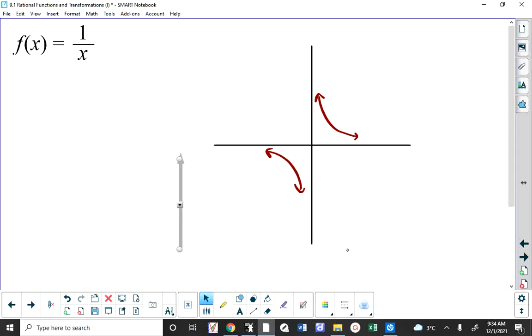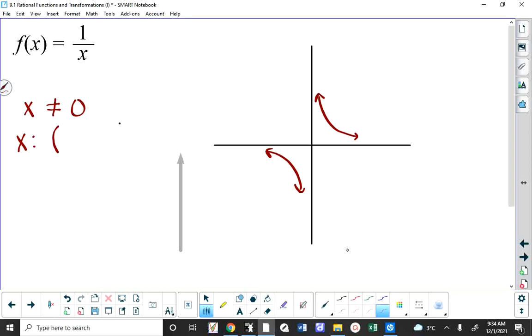X can be any number, and now we're going to put the domain here: any number that is not equal to 0. And we can call that a non-permissible value. Clearly, x cannot be equal to 0 because the denominator of this function is 0, and you cannot divide by 0.